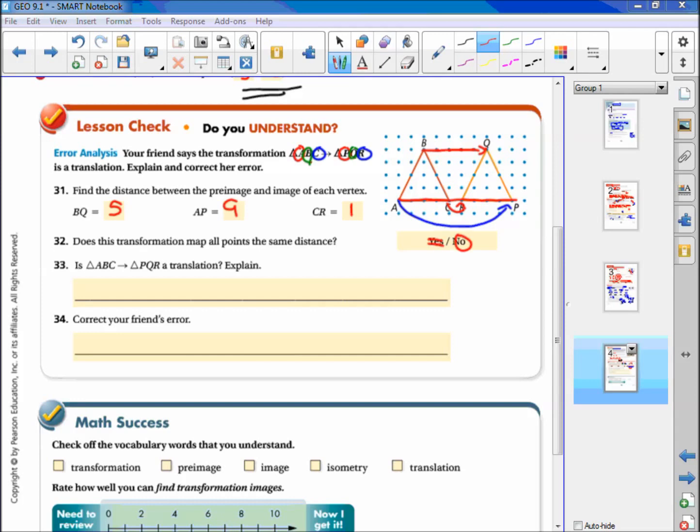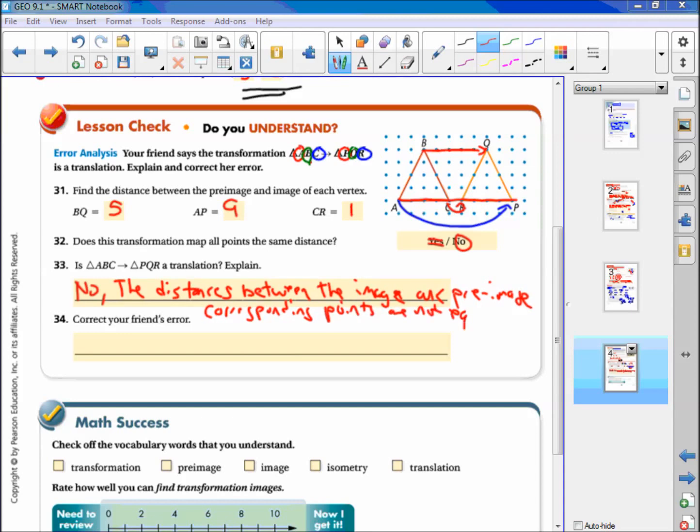So ABC transforms to PQR. Is it a translation? This is no. Once again, the distances between the image and pre-image corresponding points are not equal.